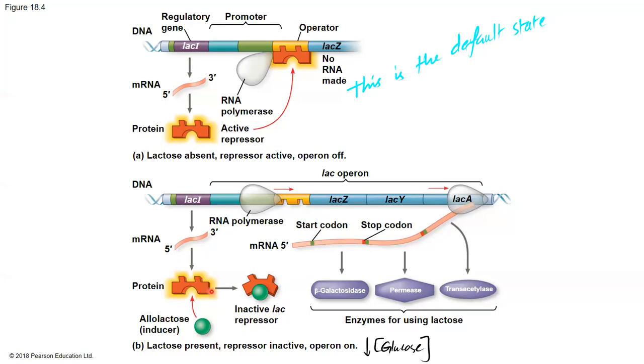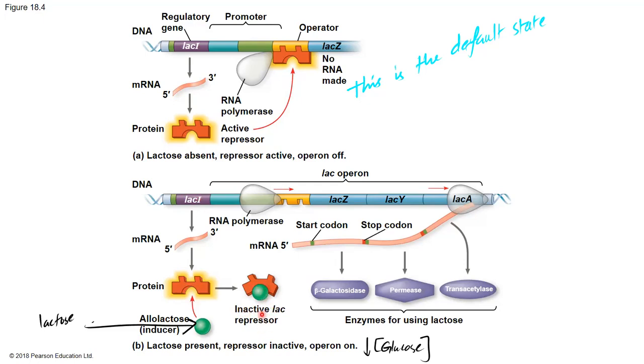what will happen is that some of the lactose will be converted into a molecule called allolactose. Okay? So some of the lactose will be converted into allolactose, and this allolactose binds to the repressor, which is the product of the LAC-I gene, and makes it an inactive LAC repressor.